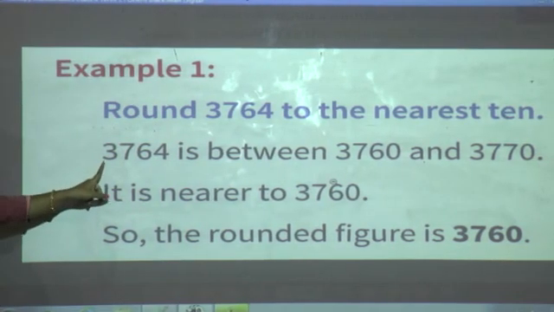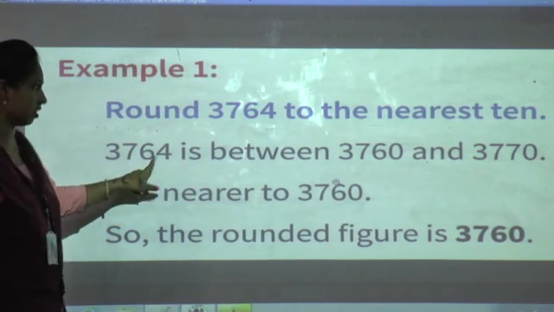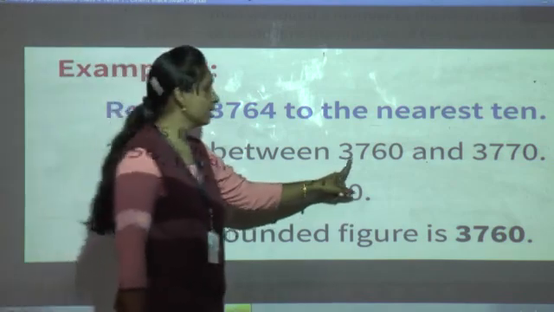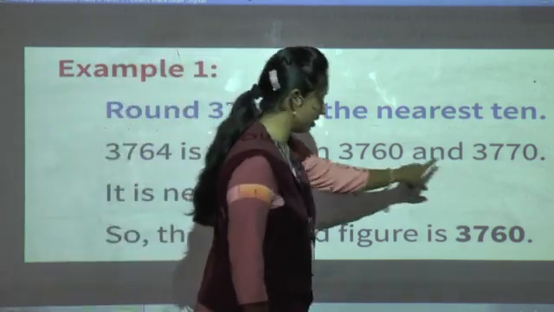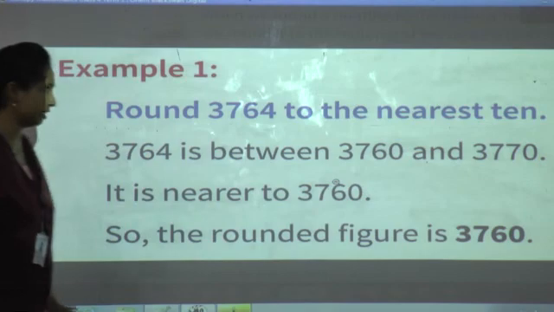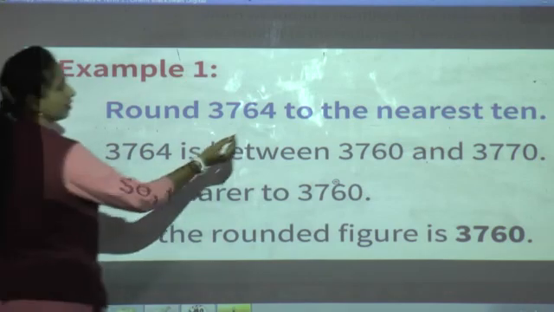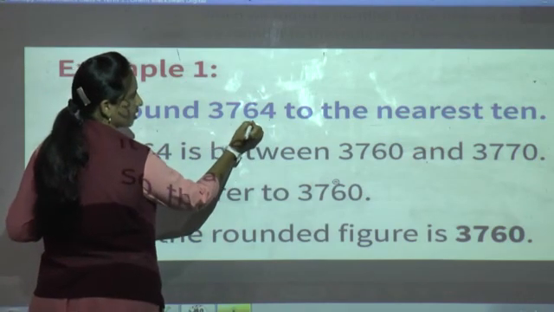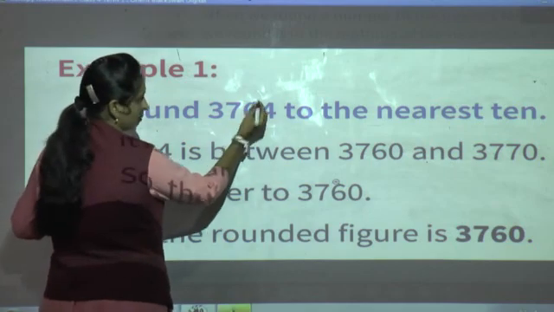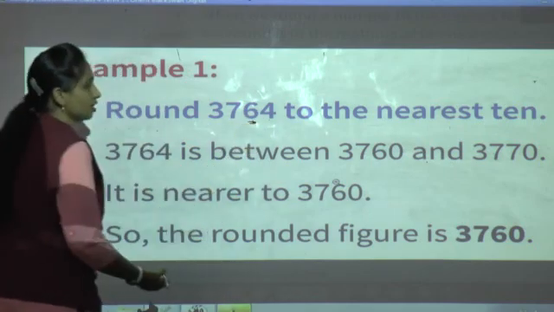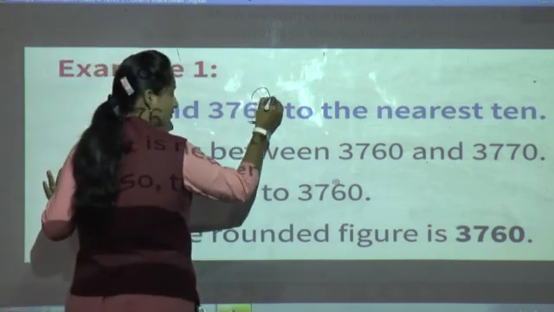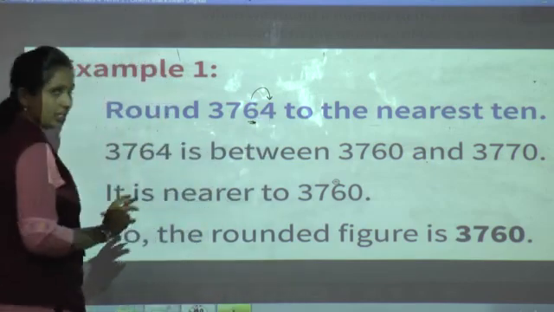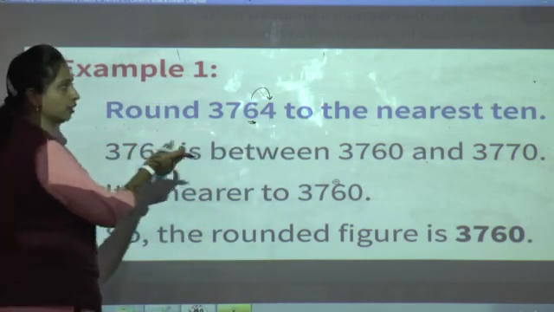See, 3764 is between 3760 and 3770. How? See the tens place. Where is the tens place? Here. After the tens place, what is there? 4 is there.